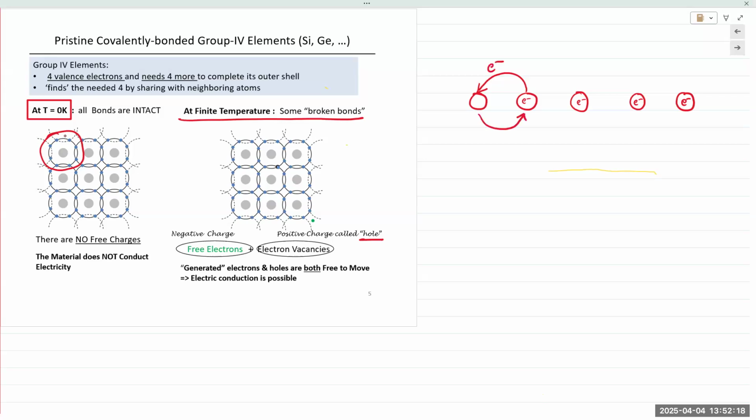So the electron moves this way, and the hole is moving towards the right. Now there's a hole to the left of the second electron. That electron could jump and move into its spot, and thus the hole has now moved one more spot to the right. And then it propagates throughout the structure.